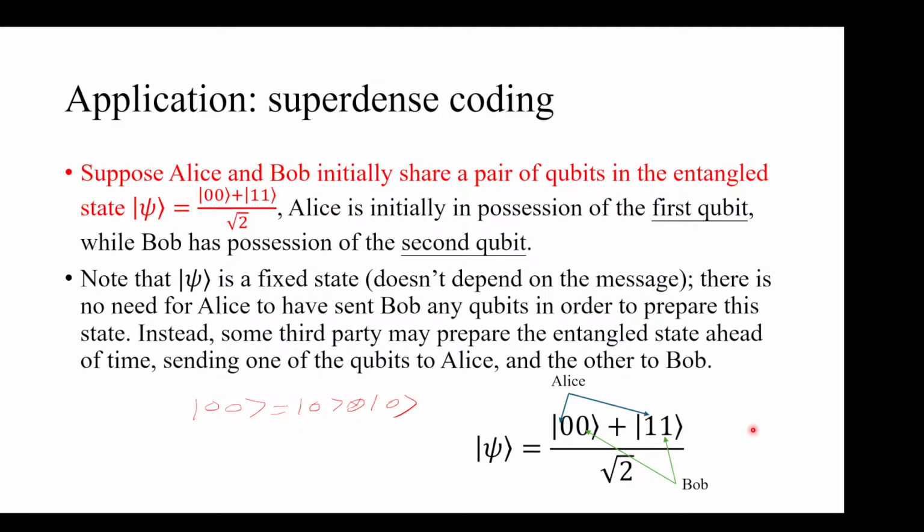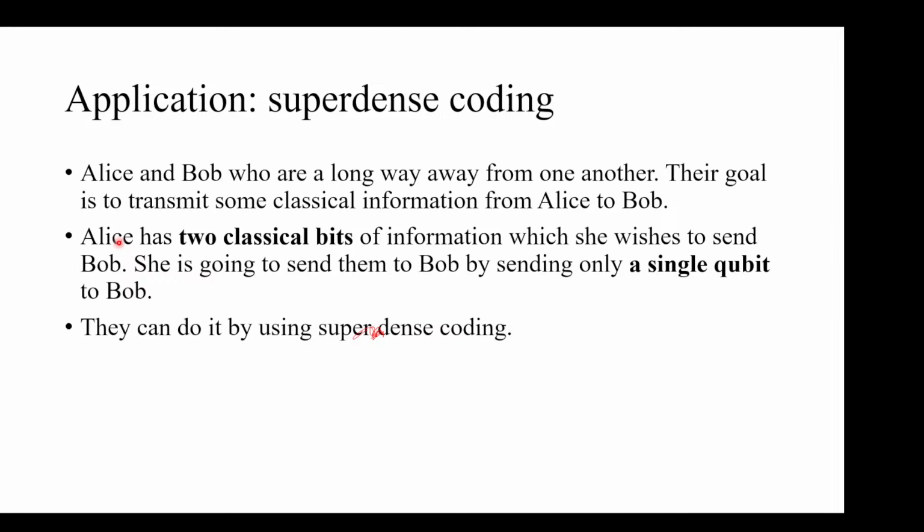But that would be a little bit of cheating, because that means Alice already sent 1 qubit to Bob. But what's nice about this state is that it's a fixed state. This means that it doesn't depend on the message Alice is going to send. Remember, the message Alice wants to send is 2 bits of classical information.